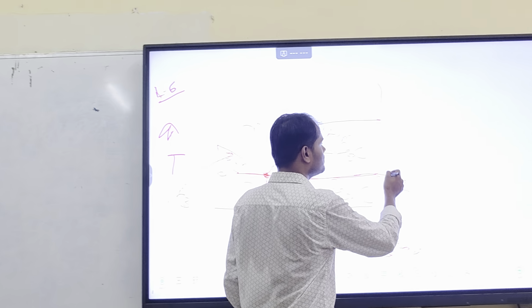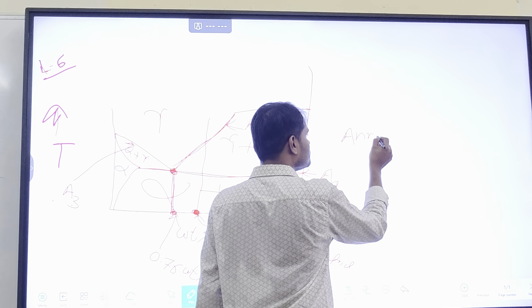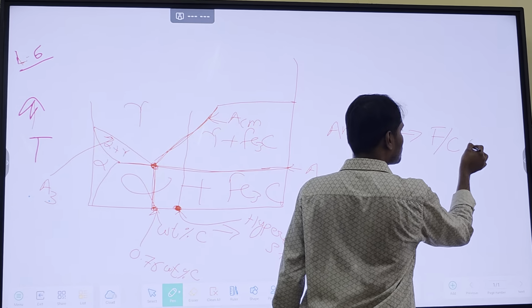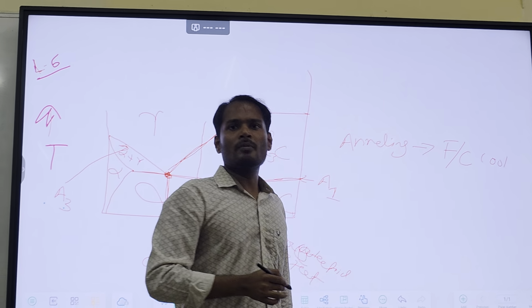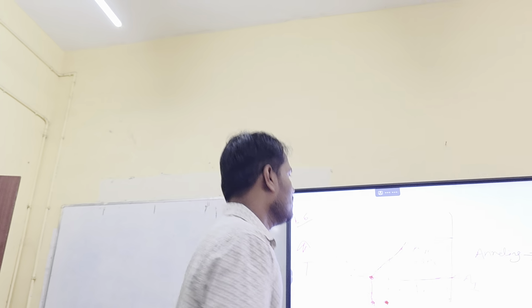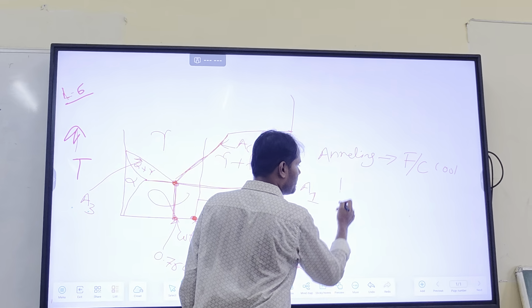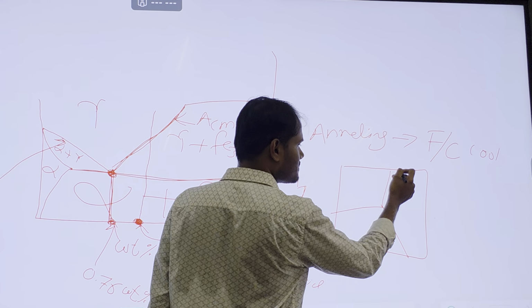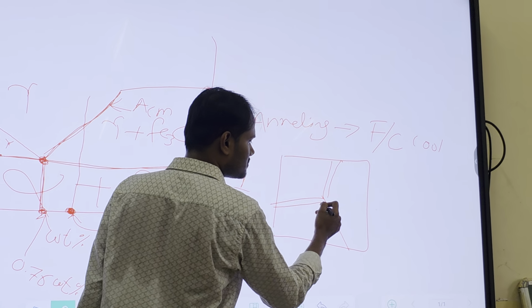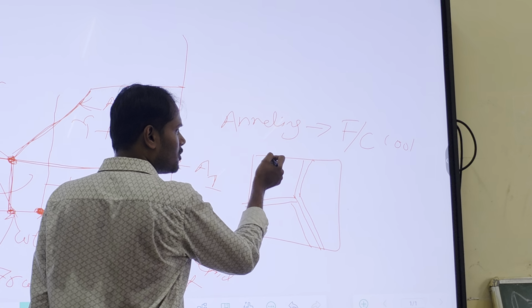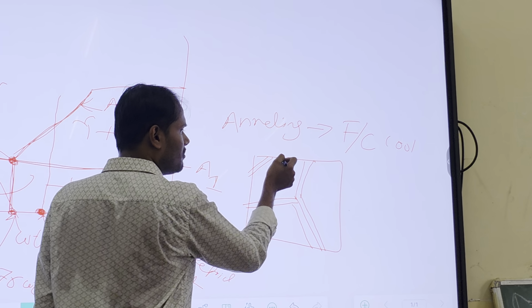So annealing, that is furnace cool, and furnace cool is a very slow cool. So what will happen, I told. Suppose I am talking about the microstructure, let's see. So this will form like this.